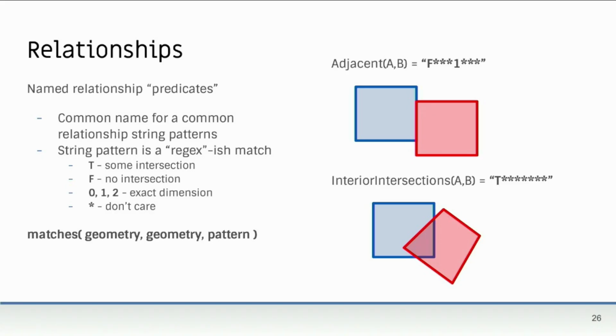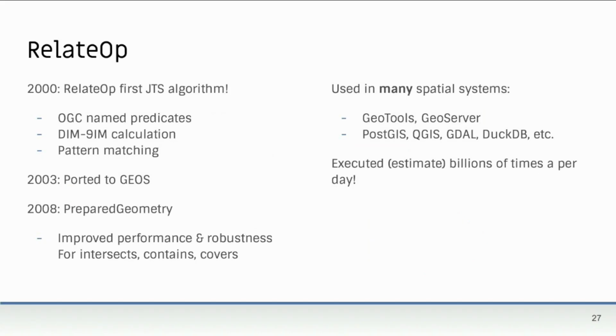It turns the relationship into a little string, which us developers like because we can do pattern matching on it.